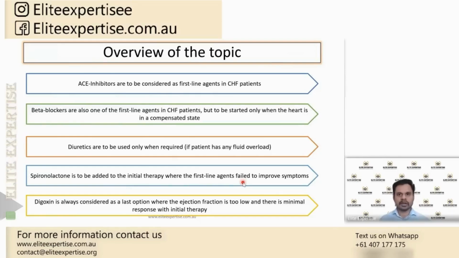Because we know that digoxin won't help in prolonging the survival of the patient. And in the long term, if we put the patient on digoxin at higher doses, then what happens is, the only function of digoxin is to improve the pumping of the heart. That's the only role of digoxin. It will keep on increasing the force of contractions and the pumping of the heart.